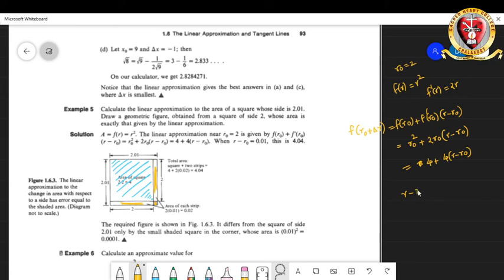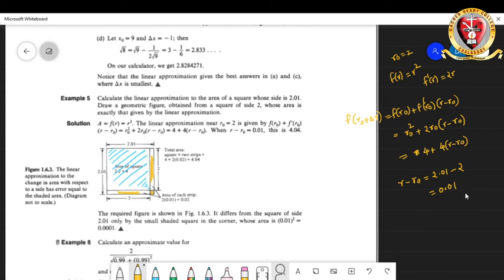Now r minus r naught: r is 2.01 minus 2, so you get 0.01. This is actually the small delta we have talked about. So r minus r naught is equal to 0.01.